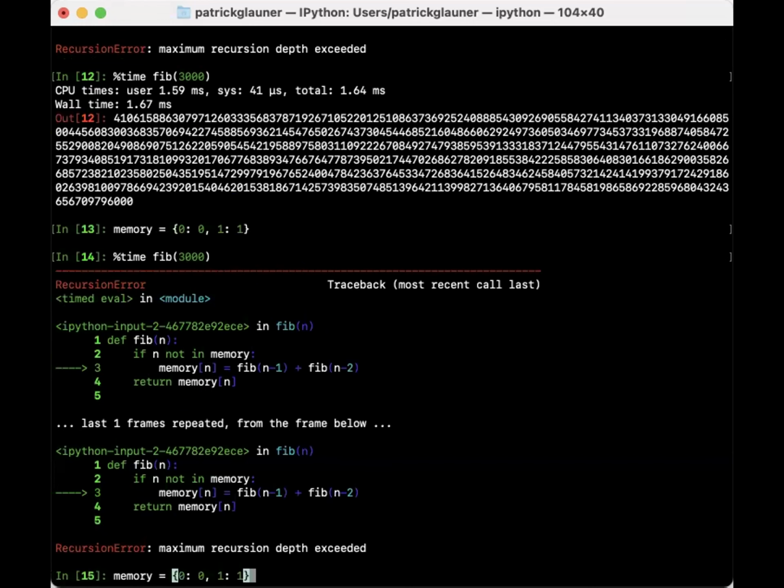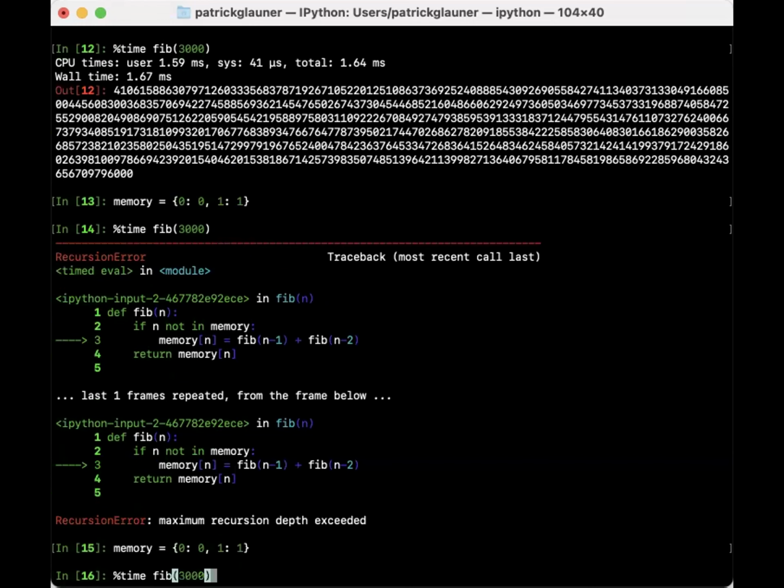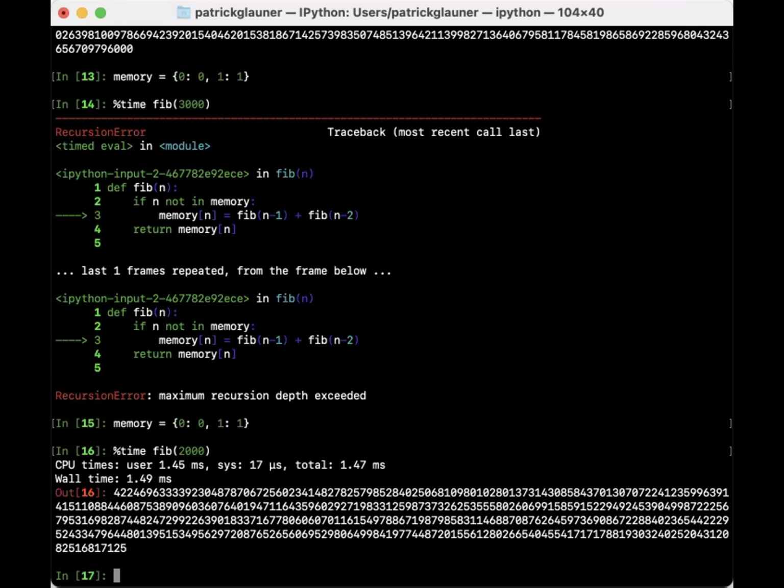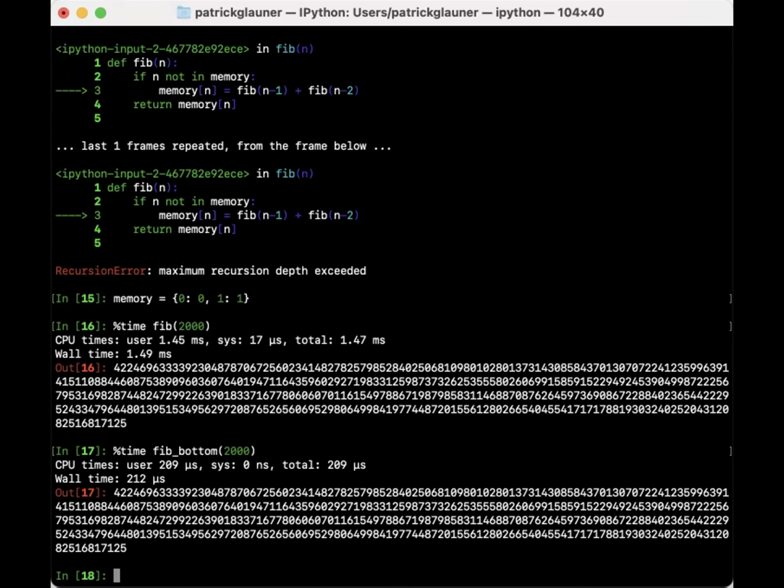Unfortunately, I've again reached the maximum recursion depth, which isn't great. So for 2,000, it takes 1.49 milliseconds. And for bottom up for 2,000, the bottom up one is faster.